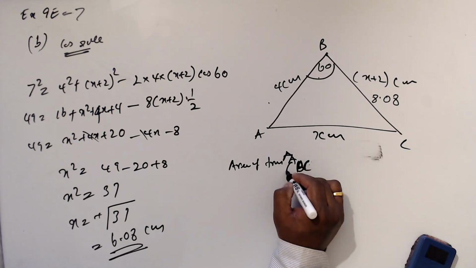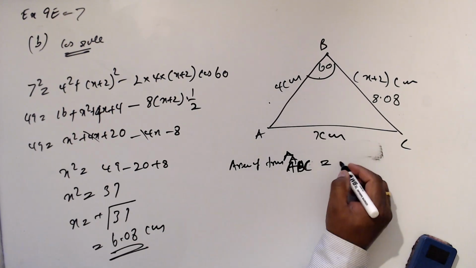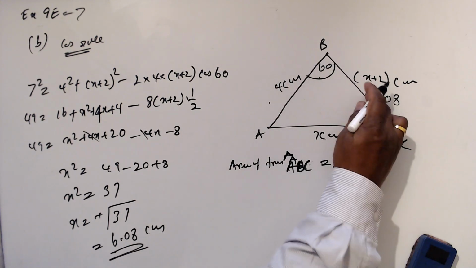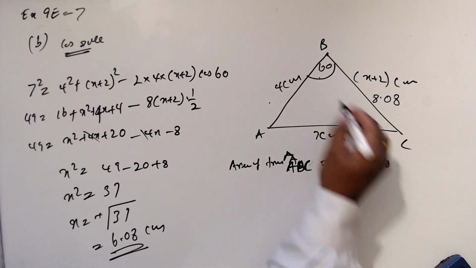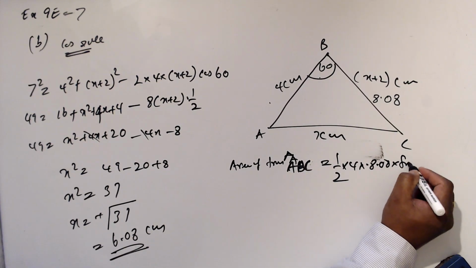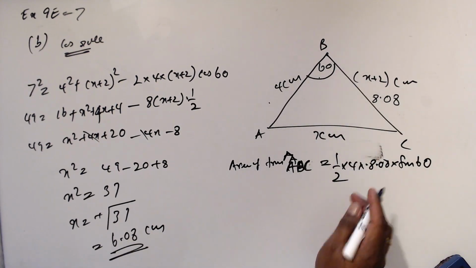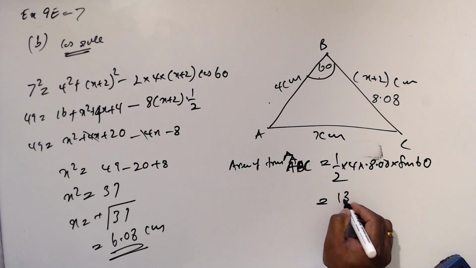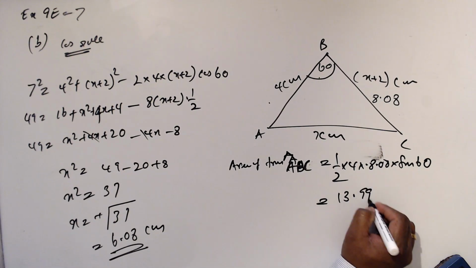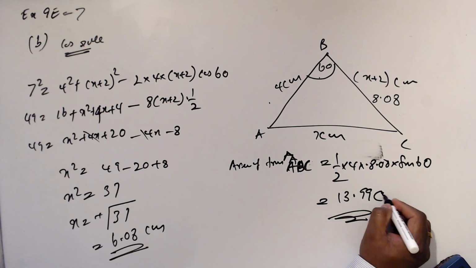Area of triangle ABC equals half times 4 and 8.08 times sine 60. We want to take the middle angle. So this is going to be 13.99 cm squared.